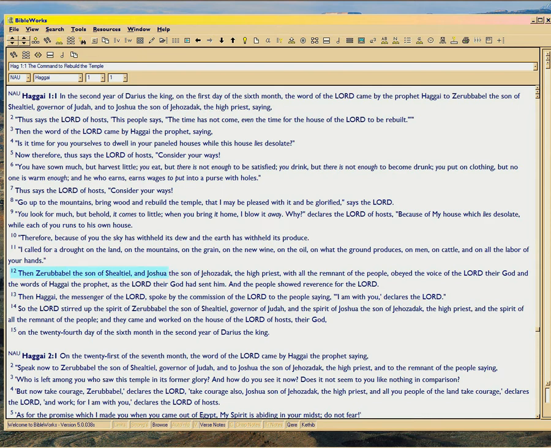So Zerubbabel heard the message, and Joshua heard the message. See? Our cast of characters again. Zerubbabel, descendant is Mary. Yeshua, son of Jehozadak, descendant is going to be John the Baptist, exemplified by the father, who's actually in charge of committing John the Baptist to the lifestyle he's going to have.